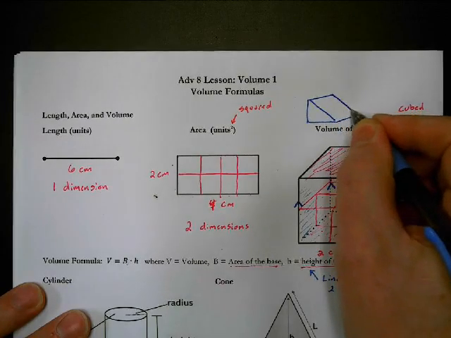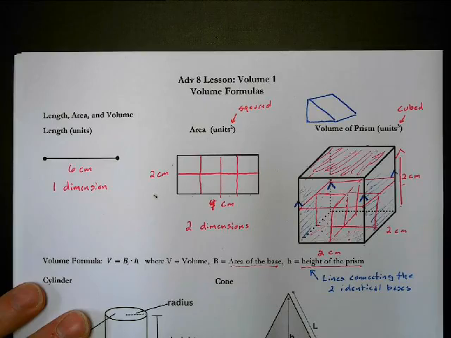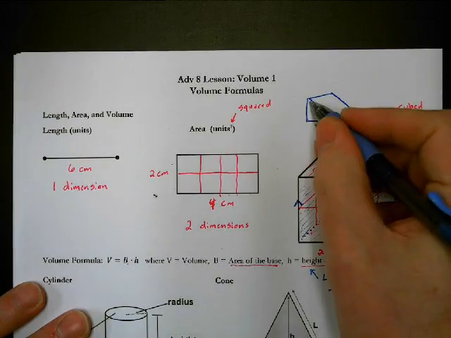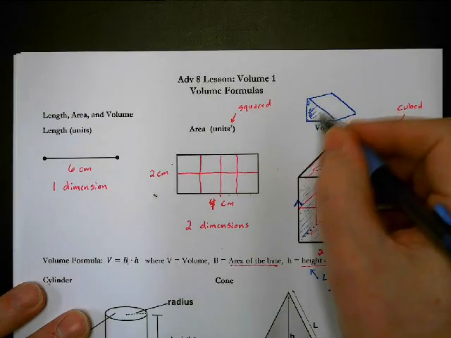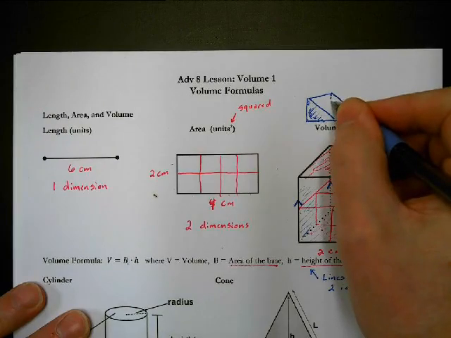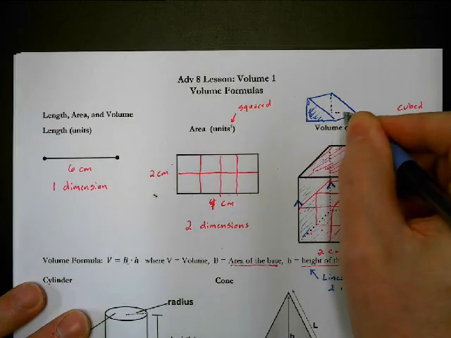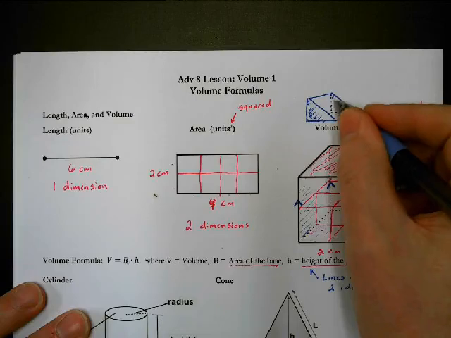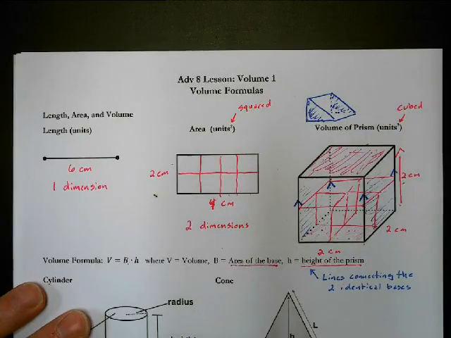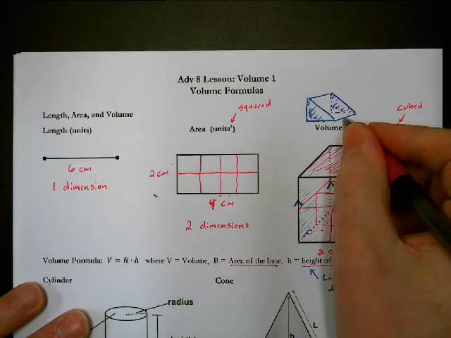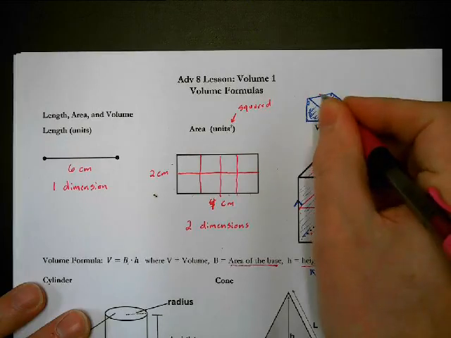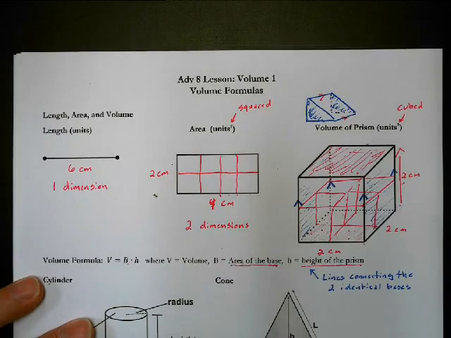Here's a triangular prism. I've got a base in the front this time, and back here you can't see it, so I'll make it a dotted line. I've got a base in the back over here. In this case, the heights would be the 3 lines that are connecting those two identical bases.